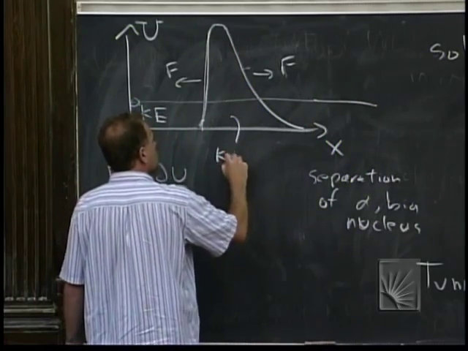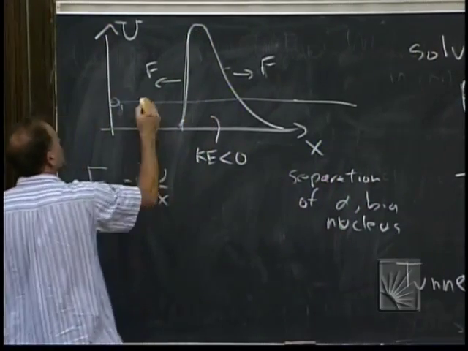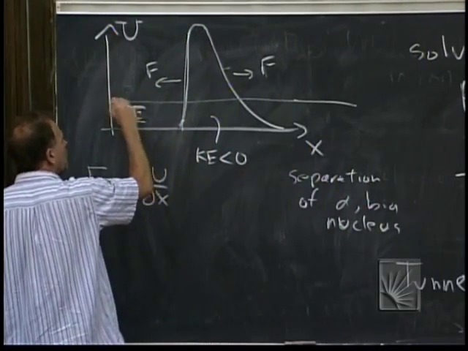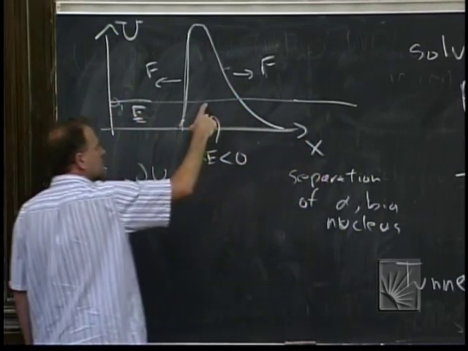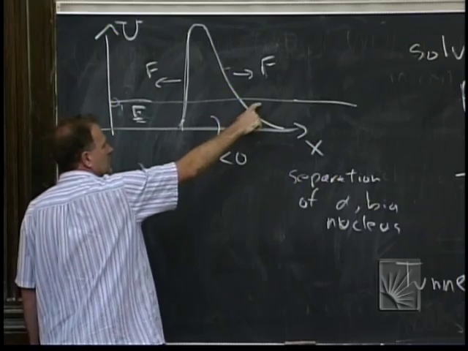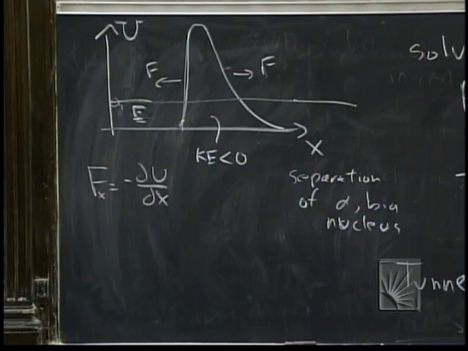Here, the total energy is equal to kinetic energy in this region. Here the kinetic energy is zero. Here the kinetic energy is finite, but there's some potential. All right, that's interesting.